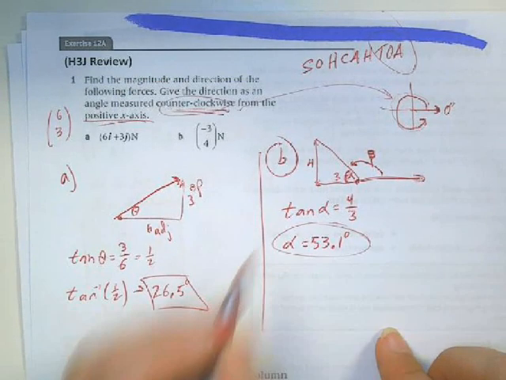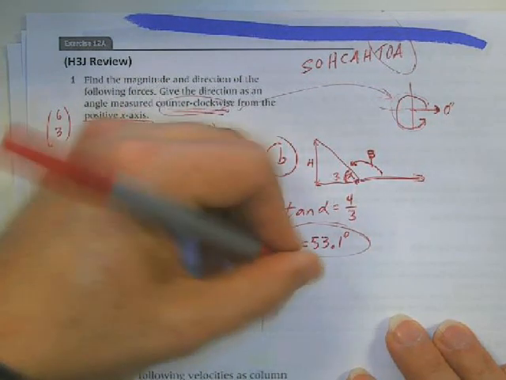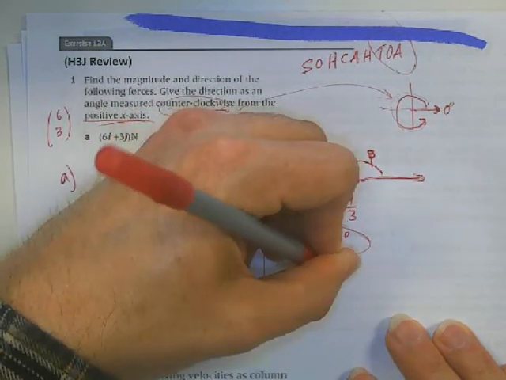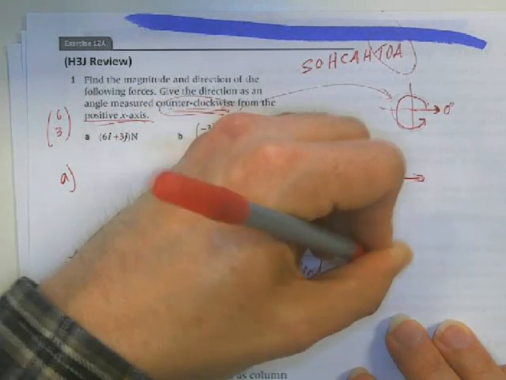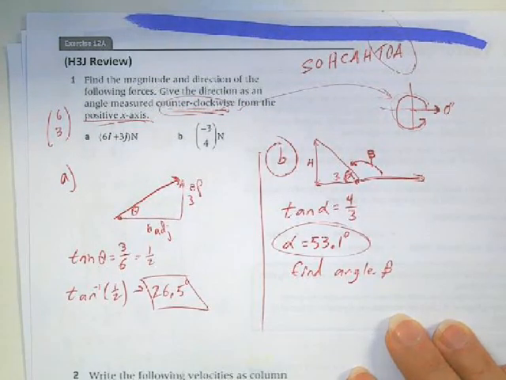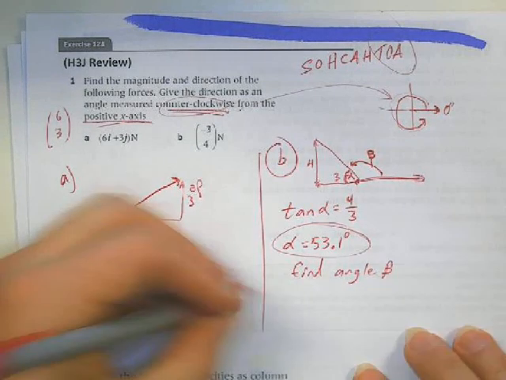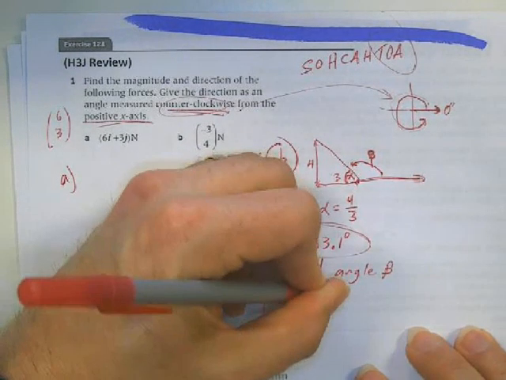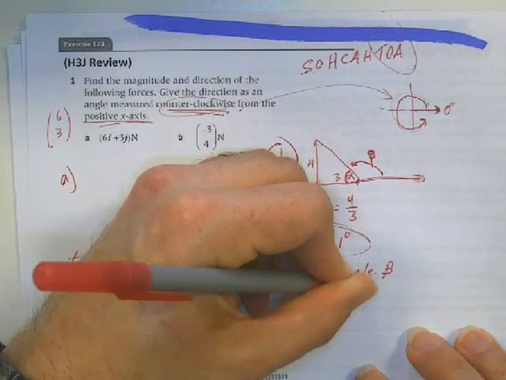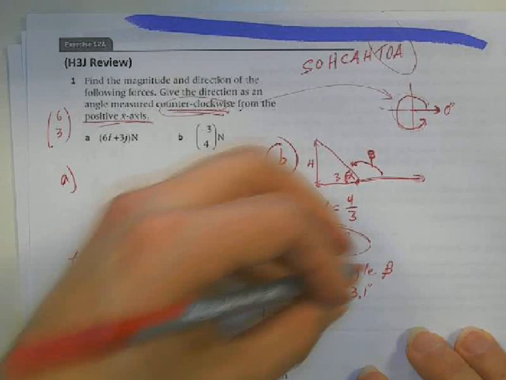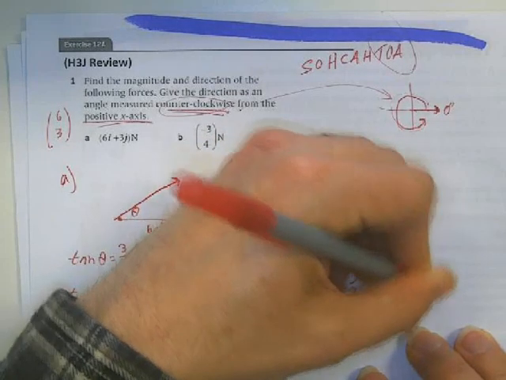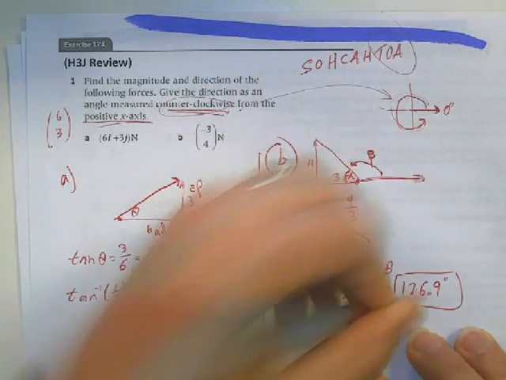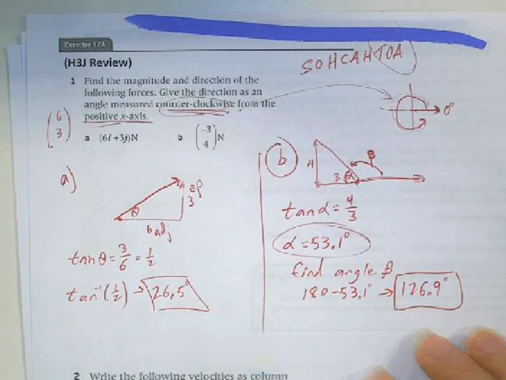Now to find angle beta, I'm going to have to do 180 minus 53.1. And then angle beta is equal to 126.9 degrees. Okay, hit pause if you need to.